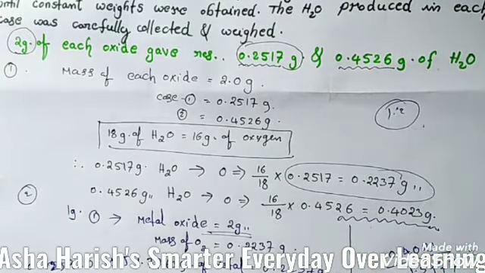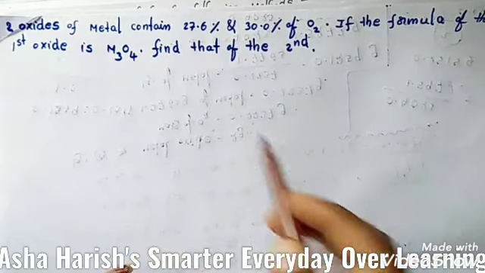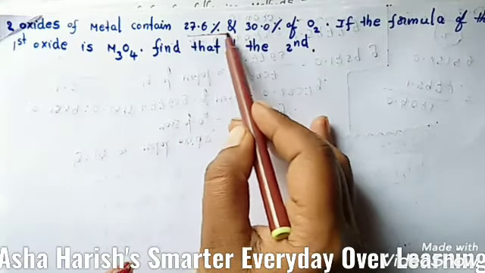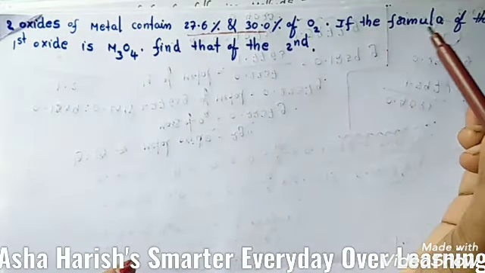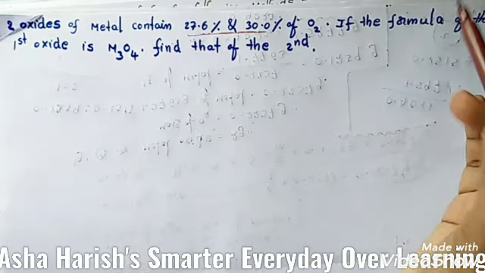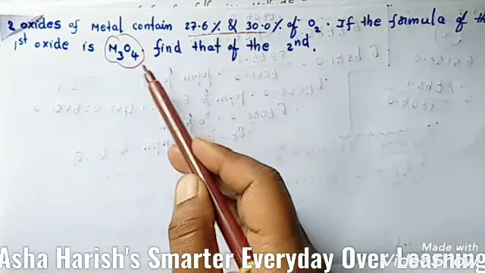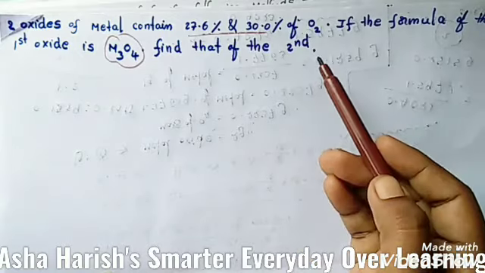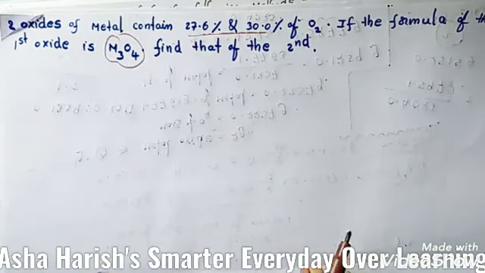Now let's see example 3. In this example, two oxides of a metal contain 27.6% and 30.0% of oxygen. If the formula of the first oxide is M3O4, this is the metallic oxide, find that of the second one. So we have to find out the second one. Now students, this is the question we have.